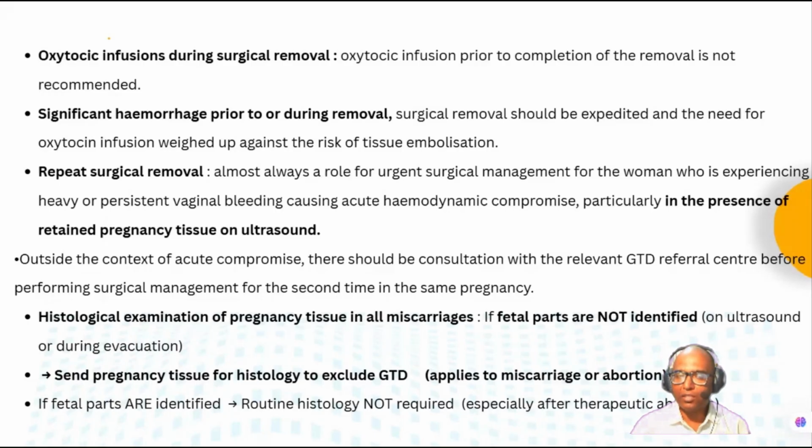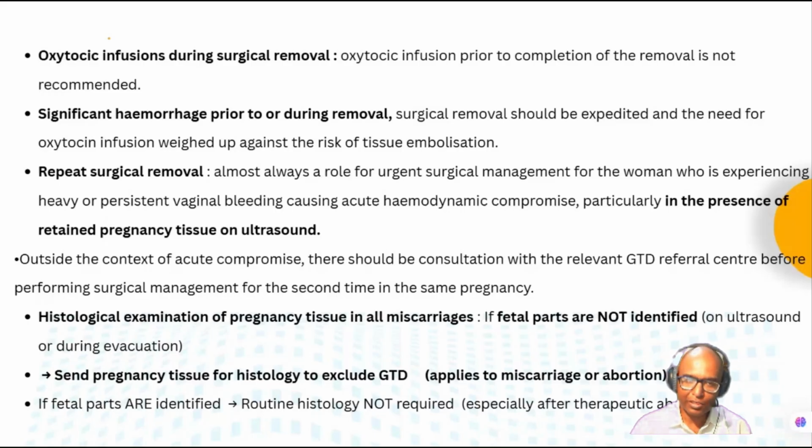Then the guideline talks about repeat surgical removal. That means you have done the suction curettage, but there are retained products of conception or retained tissue. Then what is to be done, and when? There is a role for urgent surgical management for women who are experiencing heavy or persistent vaginal bleeding causing acute hemodynamic compromise, particularly in the presence of retained pregnancy tissue on ultrasound.